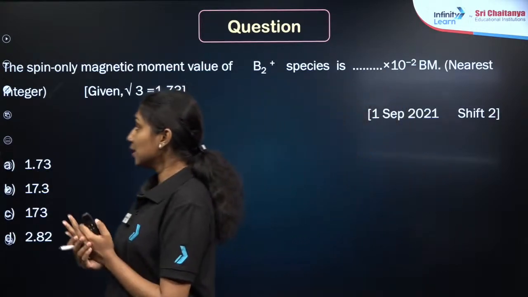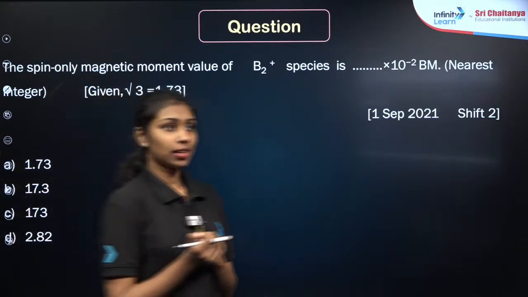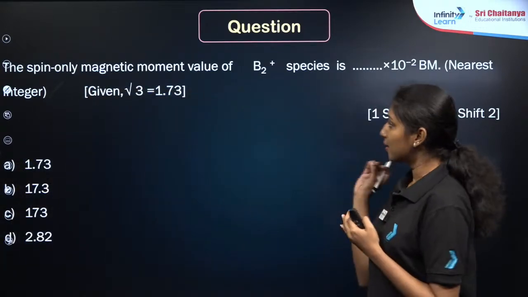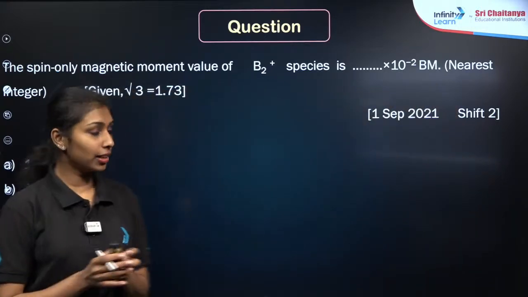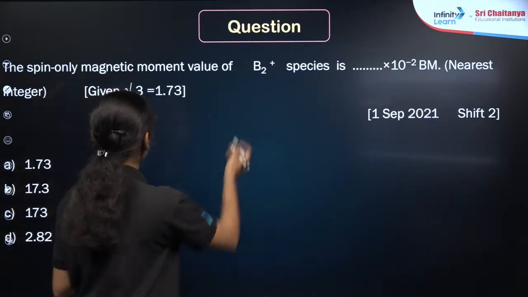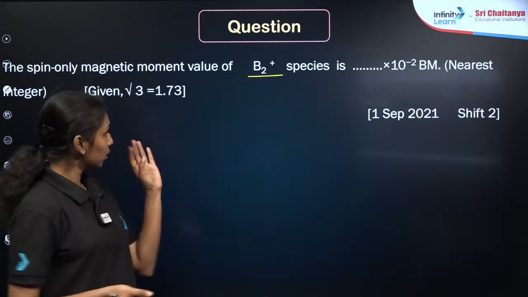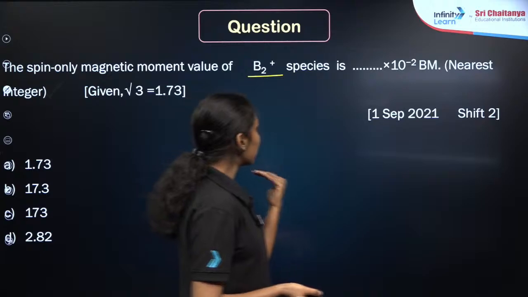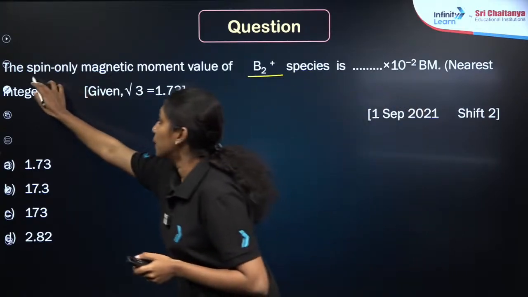Here is the next question, and this was already given as homework in yesterday's class. I hope everyone tried this and got the answer. Okay, what will be the answer here? The species given here is B2 plus. Find out the number of unpaired electrons present in the particular species, then the spin-only magnetic moment.